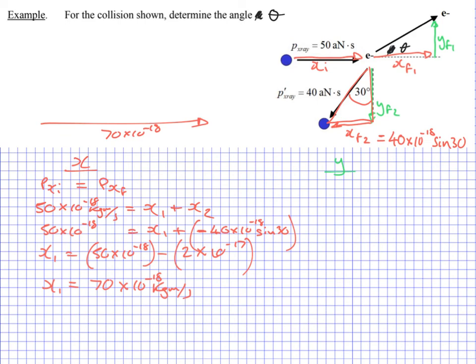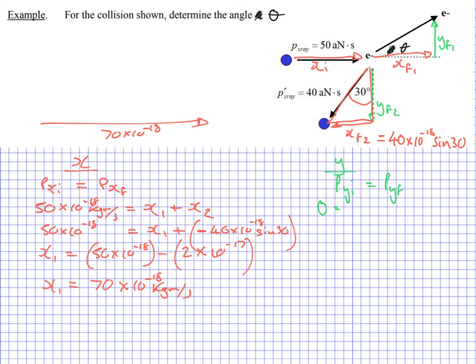Now I need to find y1. So let's go ahead and do that. Okay, well, it's the same principle. I'm going to say the momentum in the y initial is equal to the momentum in the y final. The initial actually is 0 because there's no vertical initial momentum.